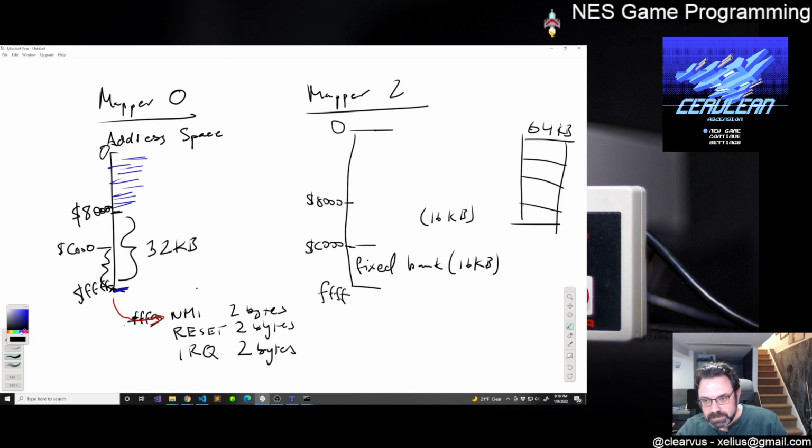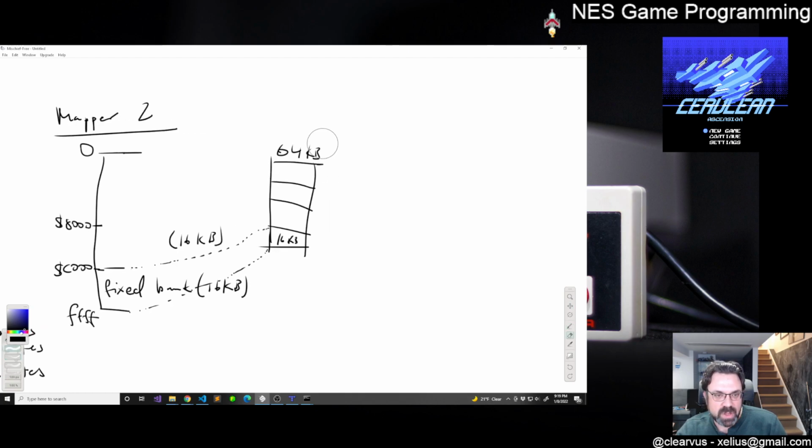And what you're basically doing is through the mapper chip and the circuitry, this address range is wired to this 16K here, right? Should I draw the mapper in some way? Maybe I'll draw the mapper so that you can kind of see how the magic is happening.